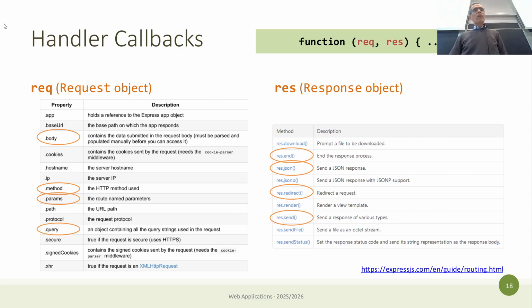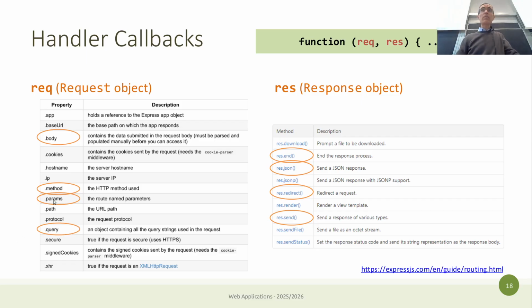Good. So these are the most common methods to be used in the request. Well, later on we will check what's available inside the body, the method that has been used, but this is less useful because we already know it, because we declare it when we added the route.